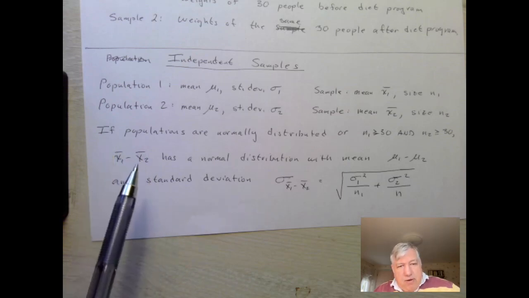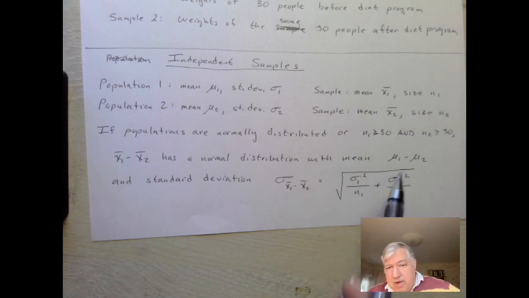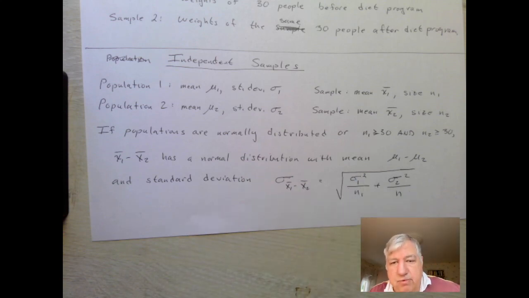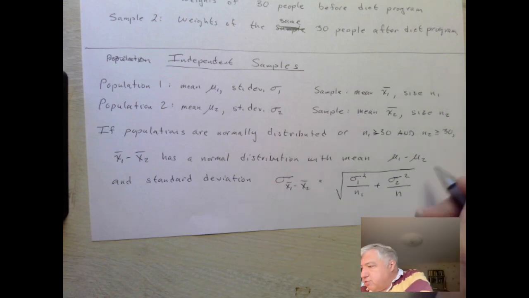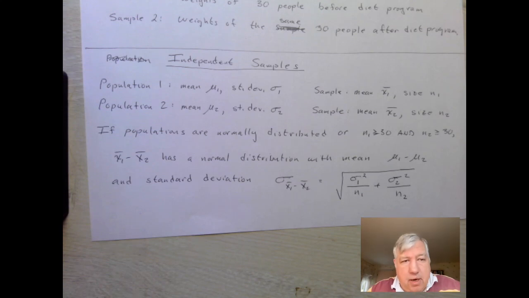This random variable has a normal probability distribution where the mean is mu1 minus mu2, and the standard deviation is given by this complicated square root: the square root of sigma 1 squared divided by n1 plus sigma 2 squared divided by n2. There should be a 2 there. So the central limit theorem says that's what must happen.